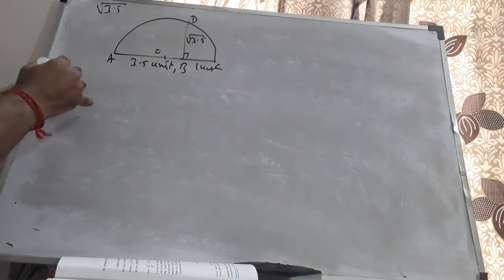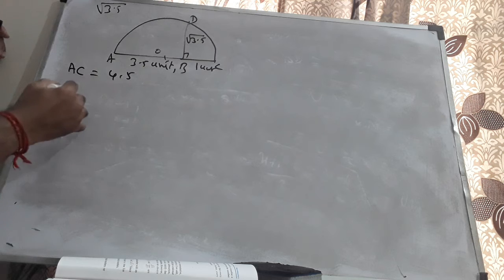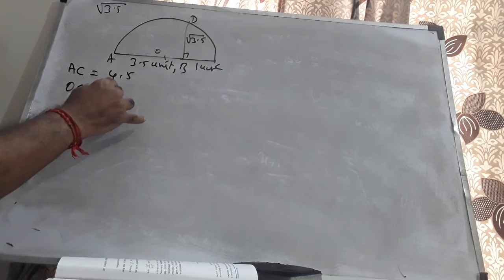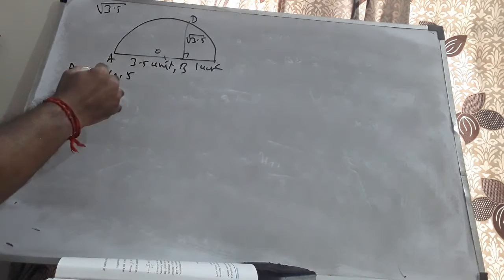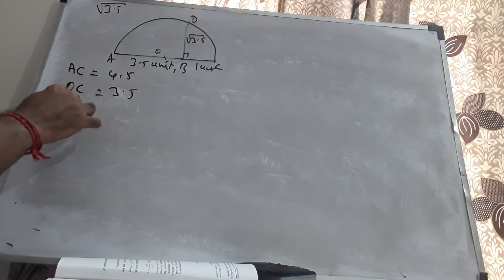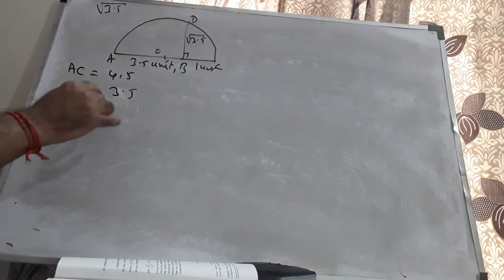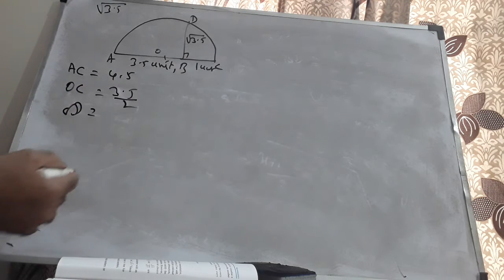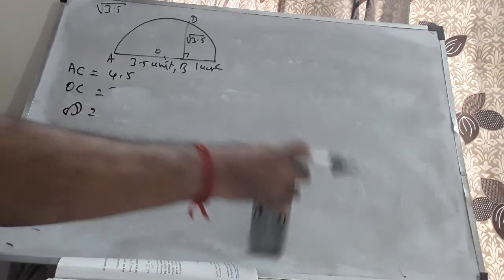You can just verify anyway. As before, you can see AC is 4.5. Therefore OC will be 4.5 by 2.